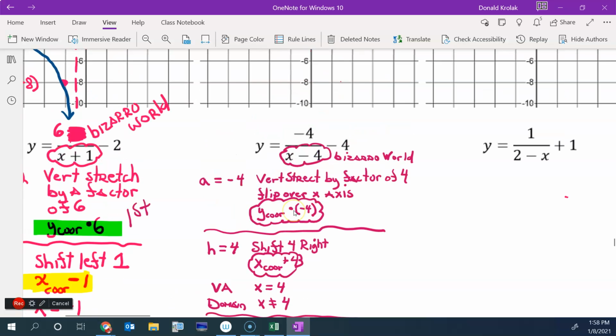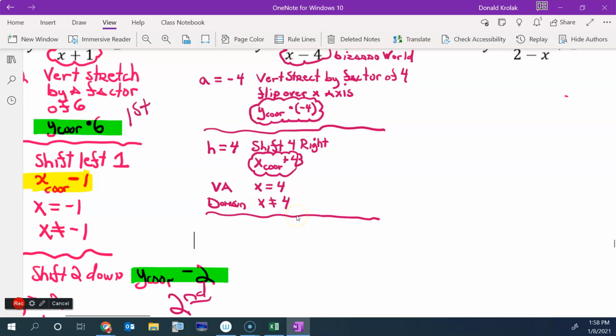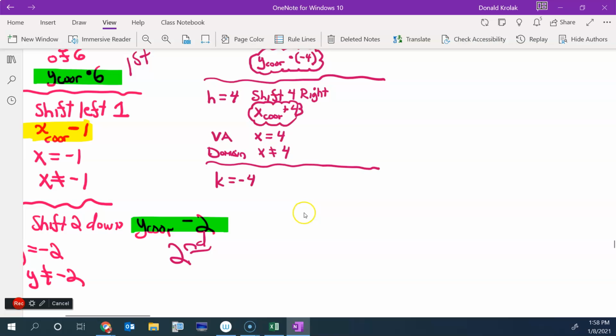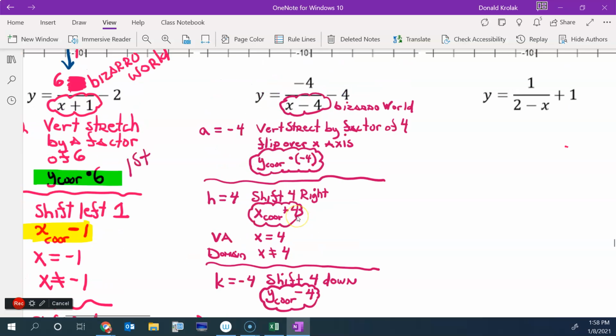Okay, and then finally, the K is a -4. So that's a shift 4 down. We achieve that by taking the Y coordinate and subtracting. So now we've got competing transformations.